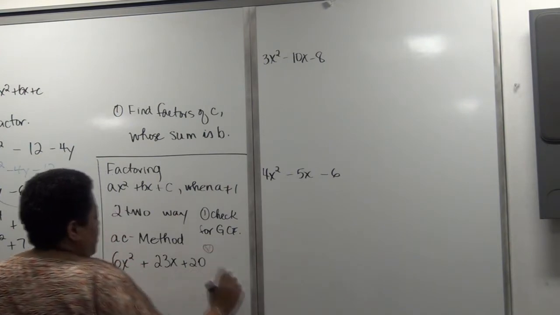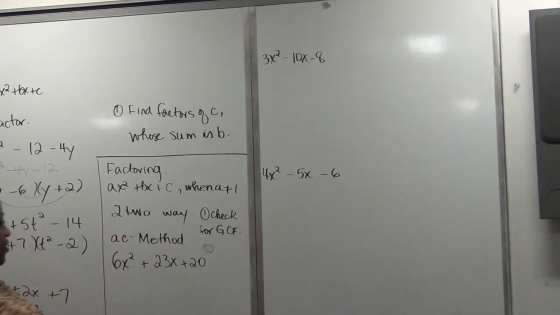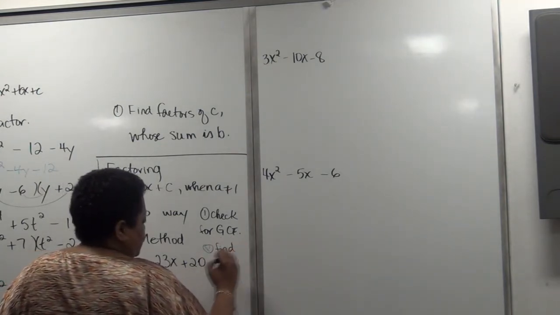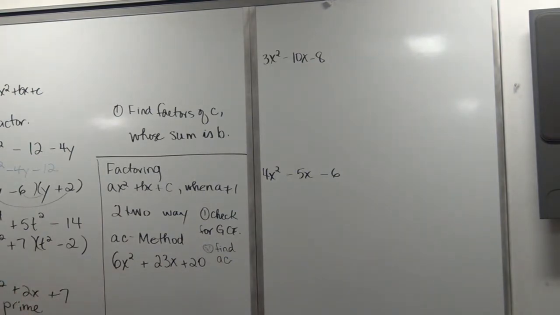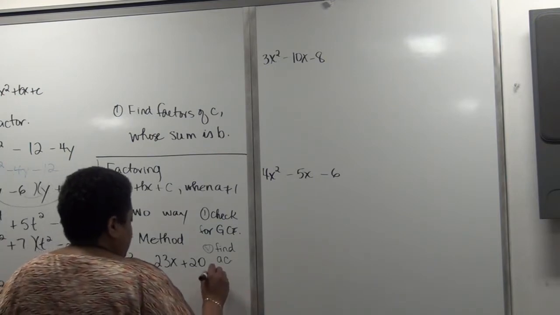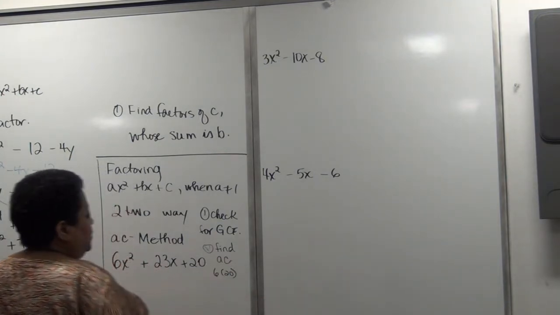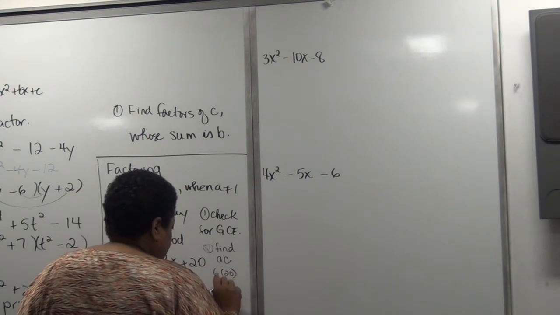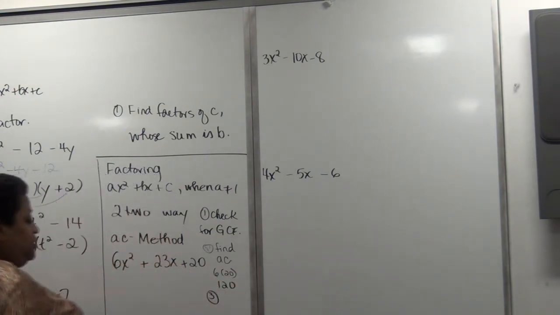So after you check for your GCF, step 2 is to find AC, AC meaning A times C. In this particular case, 6 times 20. What's 6 times 20? 120. Good.